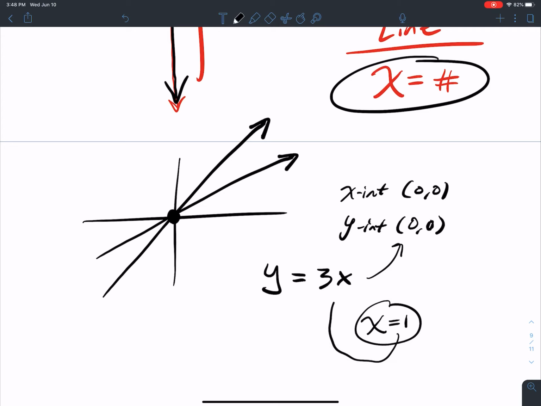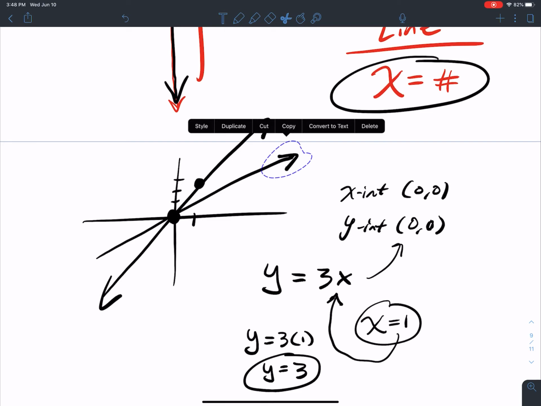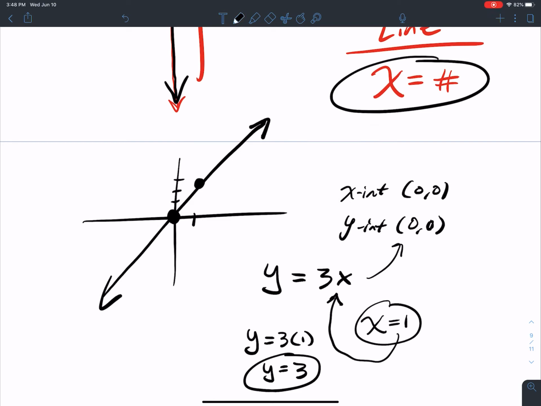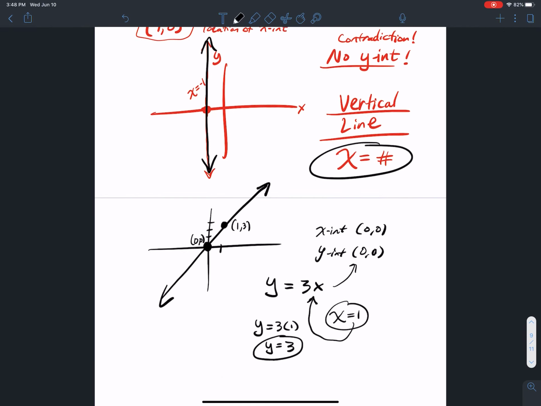When x equals 1, y equals 3 times 1, so y is equal to 3. So you go over 1 and then up 1, 2, 3. That would tell you that you're using that line and not any others. So that's a way to get around that if you see that pop up and you have to graph it and it passes through the origin. Okay?